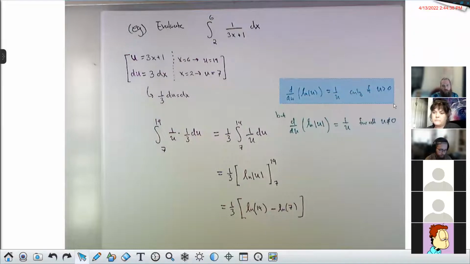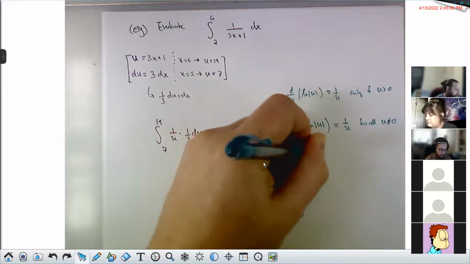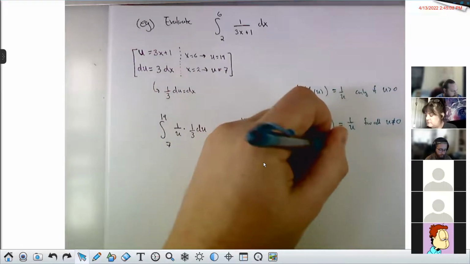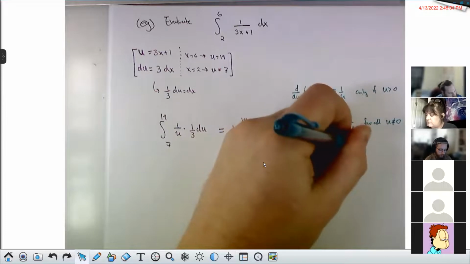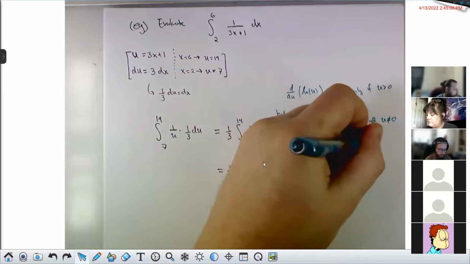It's just that the 1 over u only works if u is positive. This, with the absolute values here, works whether u is positive or negative. The only time this doesn't work is when 1 over u is itself undefined at 0. So I like to always be in the habit of saying the integral of 1 over u du is the natural log of the absolute value of u. And you know, plus c if we're talking about indefinite integrals.